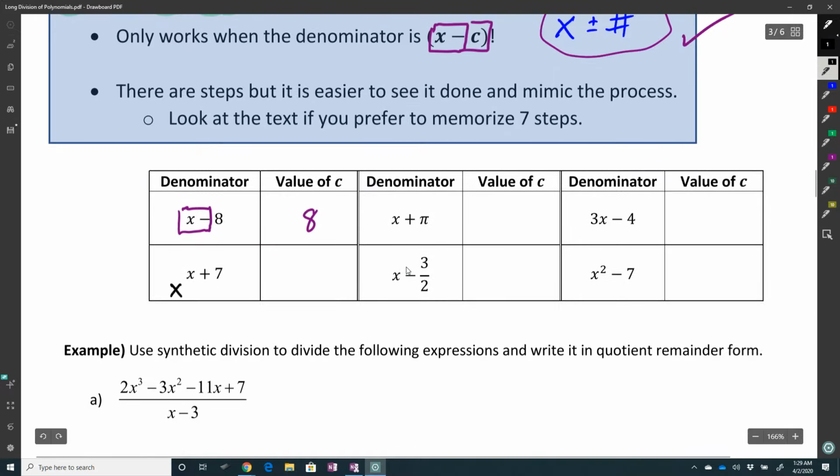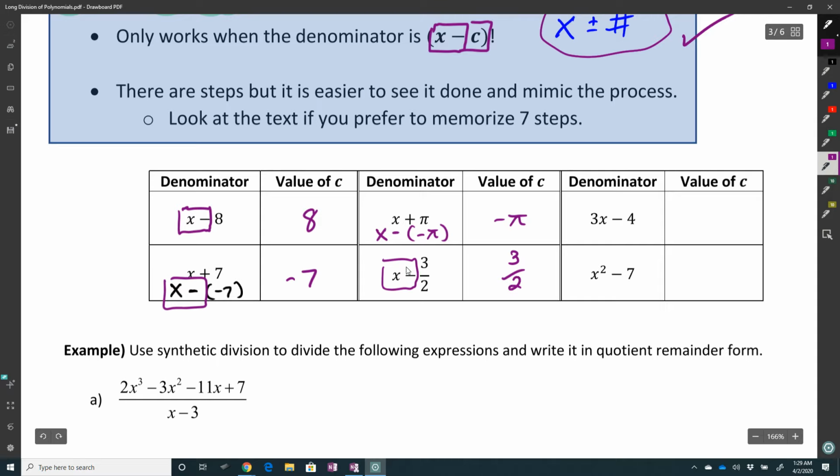This is like saying x minus negative 7. The x minus is part of the formula, so c is negative 7. Same thing here, x minus negative pi, so c is negative pi. X minus is already there, so c is 3/2. If you want to view it as the opposite of what it looks like, go for it.